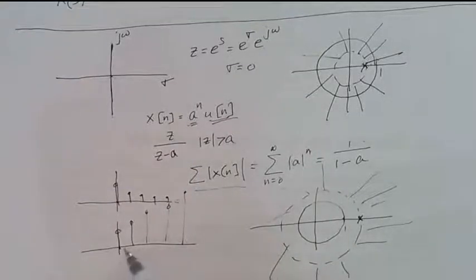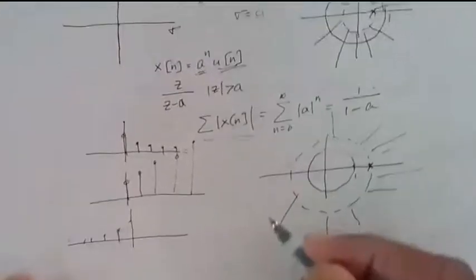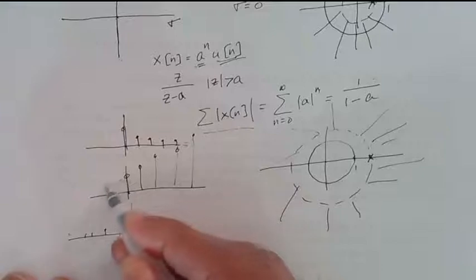How could we have a greater than 1 and still have a stable system? Well, if you look at this on the other side, this thing decays on the left side. If I continued this on this side, I'd get a decaying function.